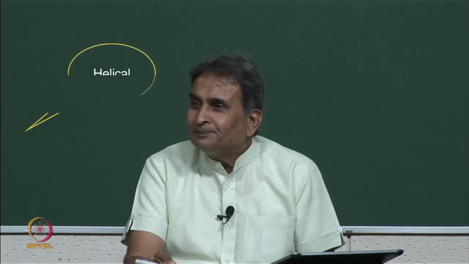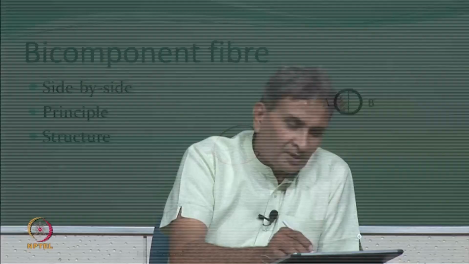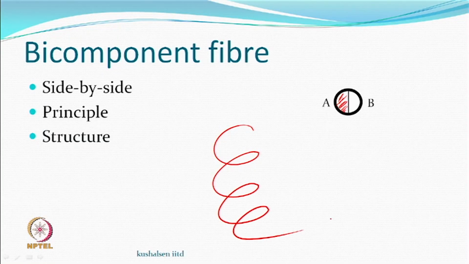Yeah? Very good. So, you can get a helical structure by bicomponent fibers by choosing suitable polymers with different properties. It does not have to be thermally different, the swelling capacity could be different, for various reasons you can always get this type of thing.